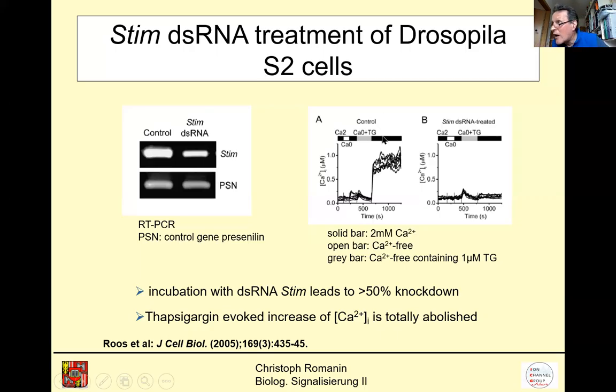When we switch now again to a 2 millimolar calcium-containing solution, you can see this very nice increase, and this all occurs because we have an influx of extracellular calcium into the cytosol.